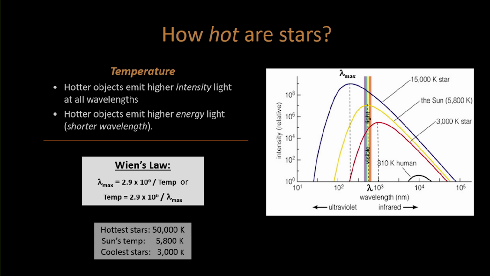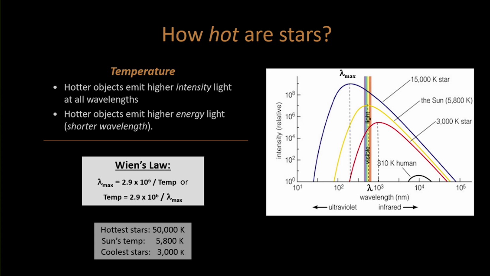What do we mean by that? Well, along the bottom here we have our wavelength. The shorter the wavelength, the higher the energy. So can you see that again, the blue curve there? Notice that dashed line is showing you the maximum intensity of that curve. It's farther to the left than the dotted lines for the sun and the red curve.